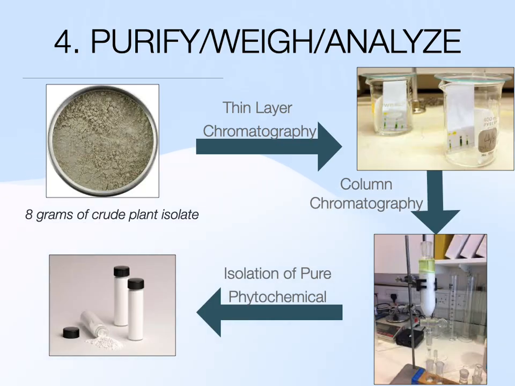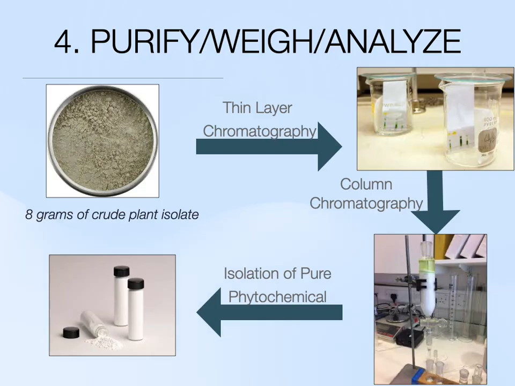Once we get a picture of what those separation behaviors are like, we are now in a position to physically separate the components, and that is conducted by way of a column chromatography. And so you can see the lower right-hand picture shows a glass cylinder, which is referred to as a column, that contains a white component, and that is actually the separation medium.